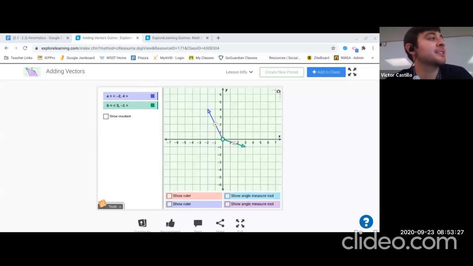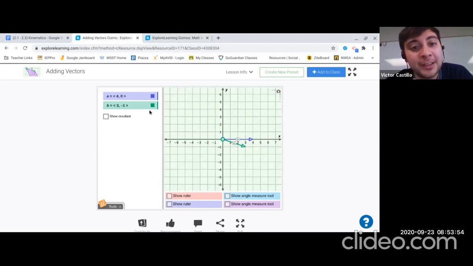It's asking us to drag the initial points of both vectors to the origin. We just did that. You just drag it to 0, 0 right there. Then it asks you to drag the terminal point of A to 4, 0. That means we move 4 to the right, and the y-axis has to be 0. So let's touch the tip of the vector and move it to 4, 0.